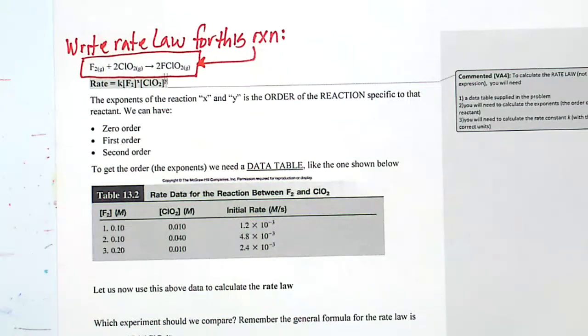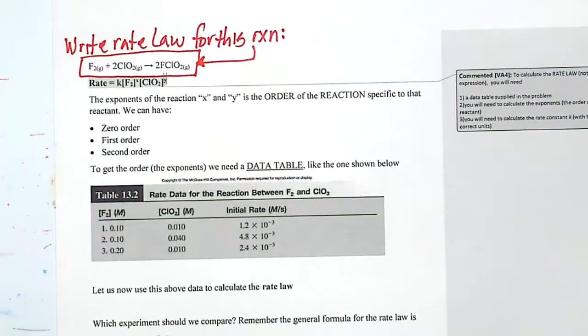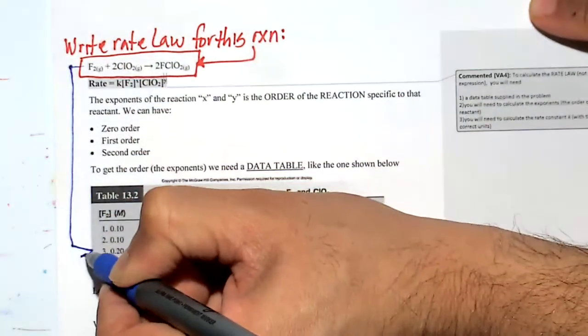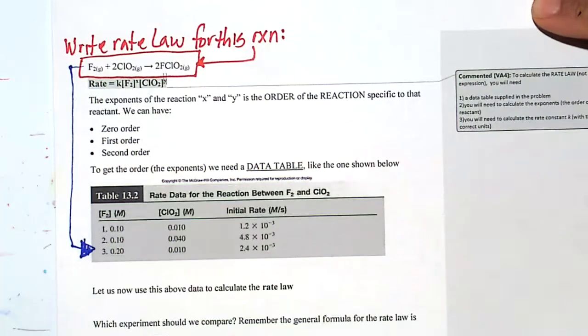That would be a problem you'll see on the exam, next exam. Problem you'll see on a quiz, next quiz. And the first thing when you see rate law, okay, make sure that they give you something like this. Okay, they give you a data table.